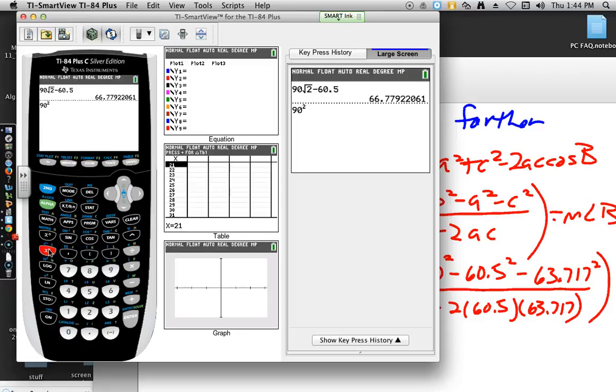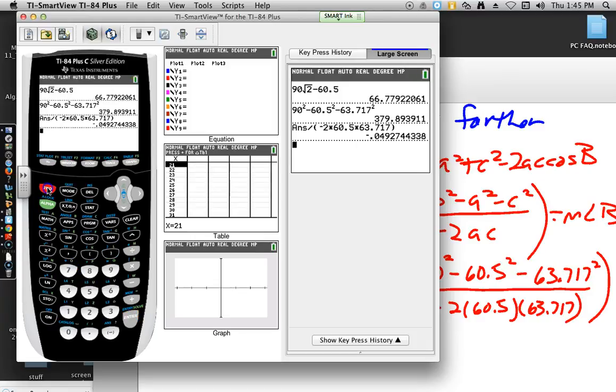So 90 squared minus 60.5 squared minus 63.717 squared. And I need to divide that by, and we have -2 times 60.5 times 63.717.